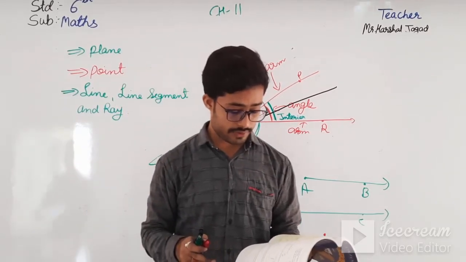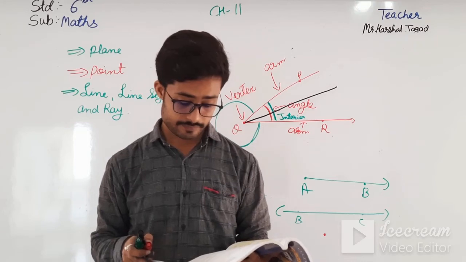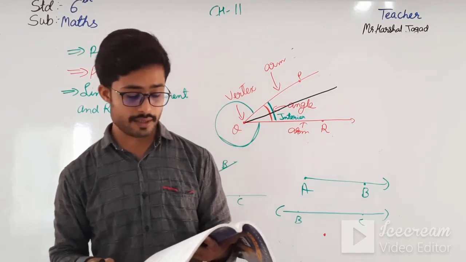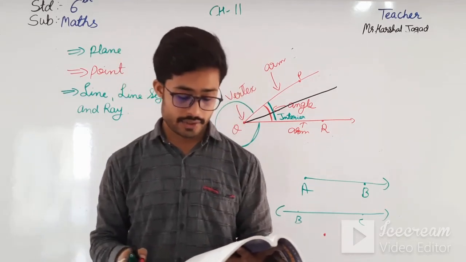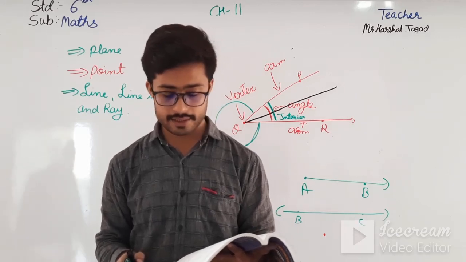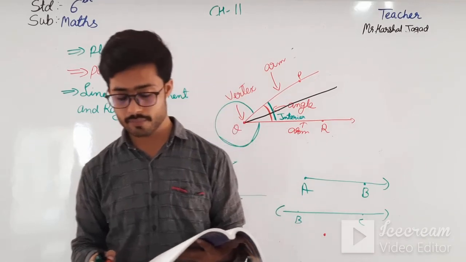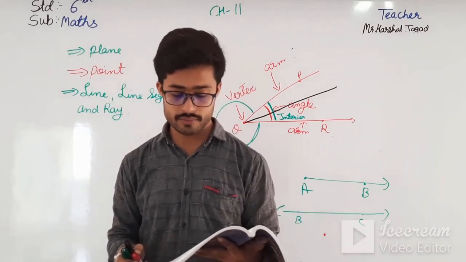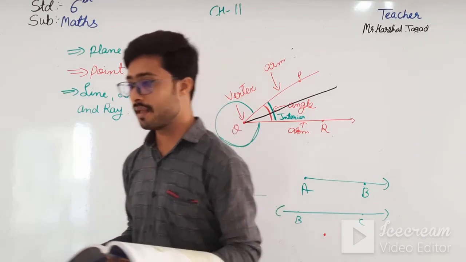Then comes question number 5. In question number 5, a ray PR is given, and in between there is a midpoint, that is Q. Then the rays noted down from the above figure are as follows: PQ, QR, PR, QP, RP, RQ. The teacher said that only 2 of these are correct. Identify these 2 and circle them.